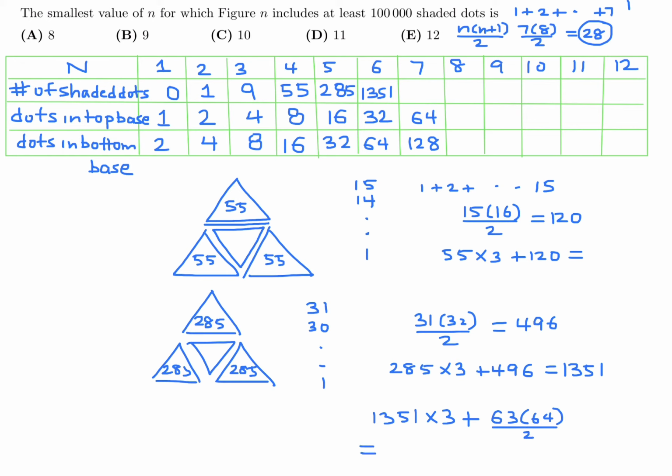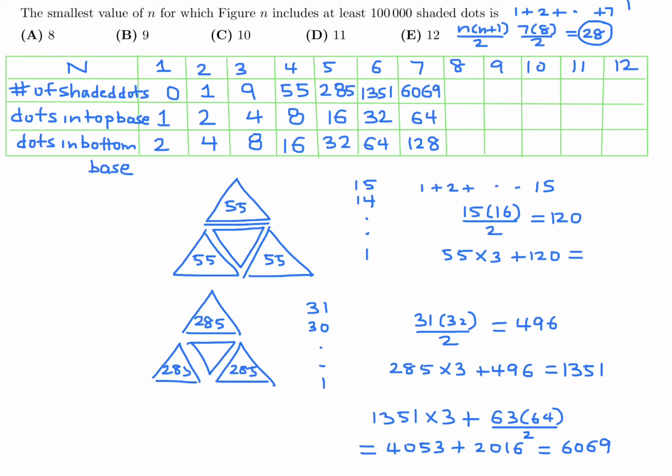That is 4053 plus 63 times 64 divided by 2, which is 2016. So if you add it all up, 6069. Okay, 6069. So that's what goes in here.